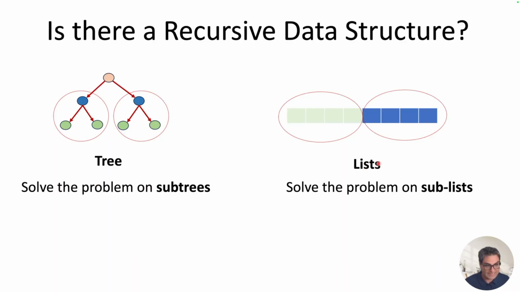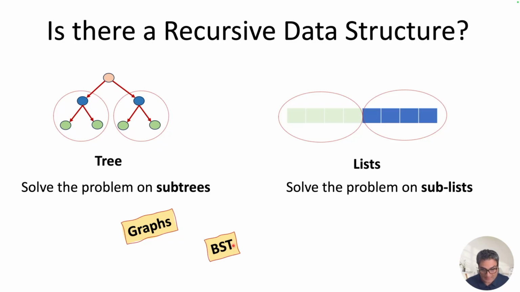Another example is a list. A list is also a recursive data structure. If you break a list into two sublists, each sublist is a list itself. So chances are that a problem that involves a list has a recursive solution. Other examples are graphs, BST, binary search tree. And in fact, in binary search tree, most problems that I have seen are recursive.